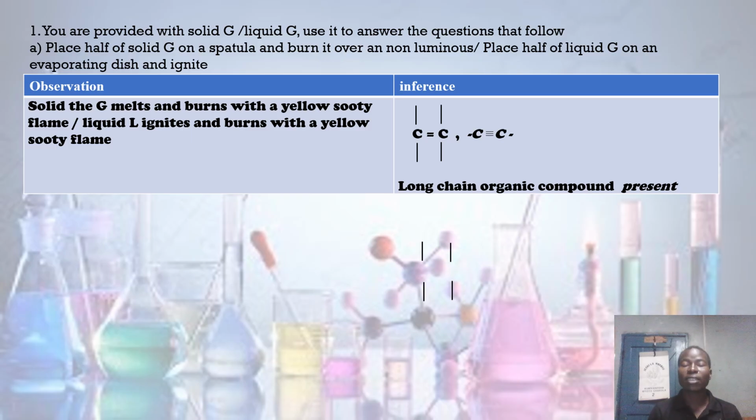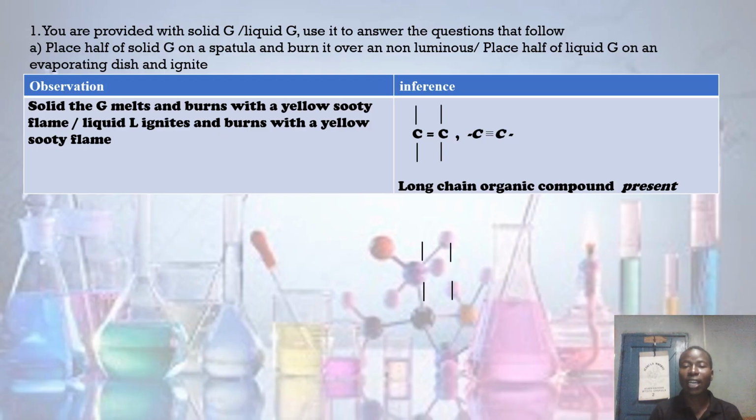But in some cases, you may find that the flame is yellow, but you cannot clearly see the soot. You need to understand that the substance is unsaturated, but the level of its unsaturation is a little bit low. So as soon as the learner sees the flame being yellow, I always advise that you add another point by telling us that you have seen a yellow sooty flame.